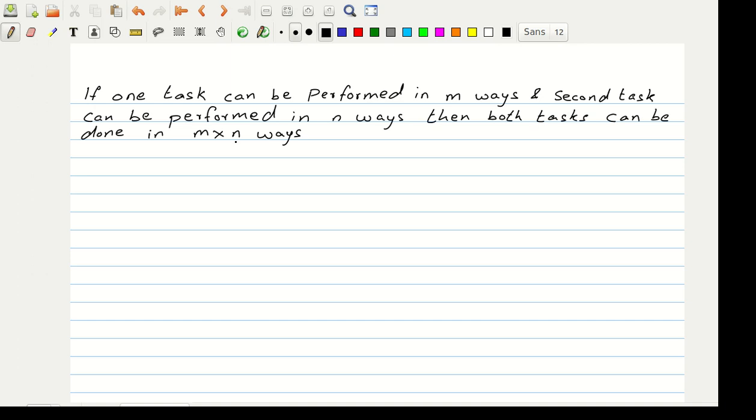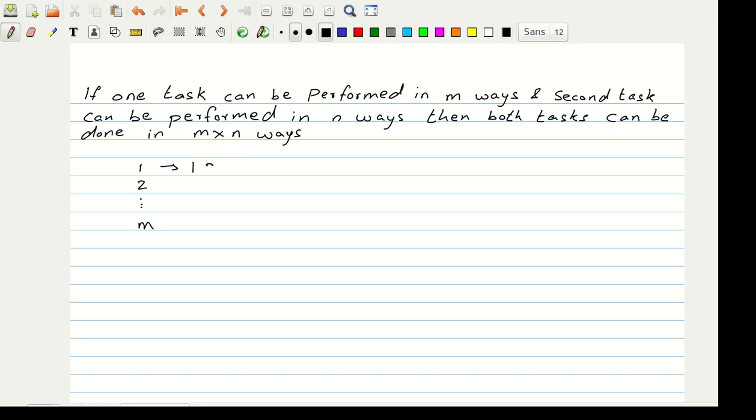What it says is, suppose we have some task which we can do in m different ways. So let us say that this is task 1. We can do it in m different ways, and we can list down the ways we can do it. Now suppose we have done task number 1 in any of these m ways, then for each of these m ways there will be n ways of doing the second task, right?